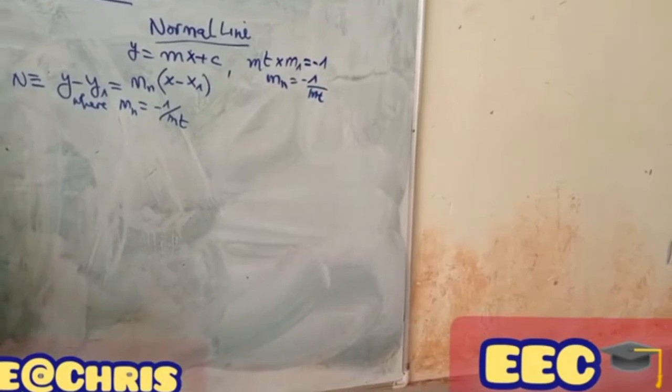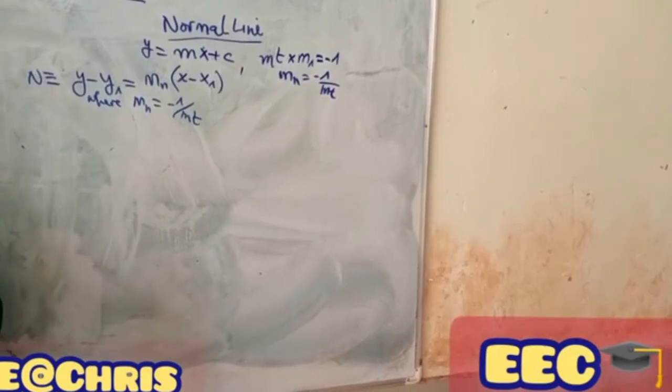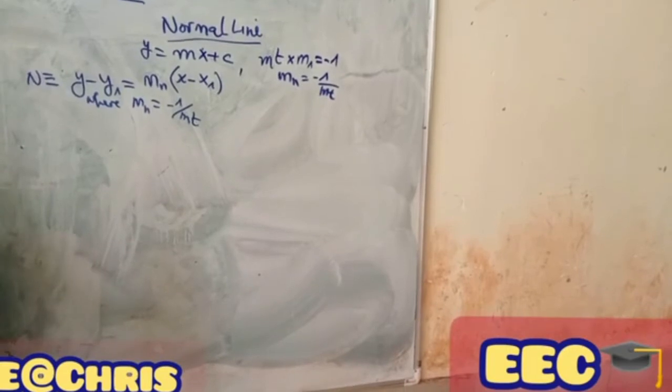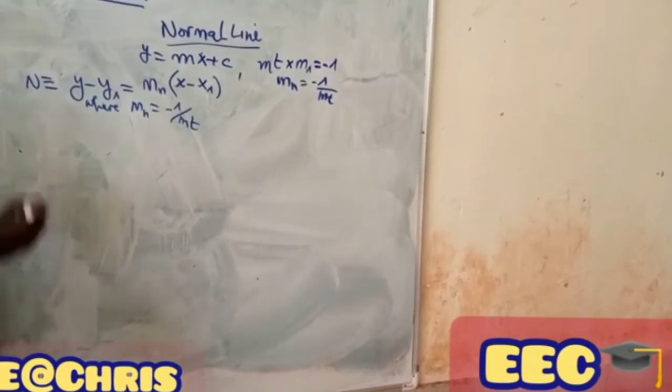And here we have the question which says: write the equation of tangent and normal line to the curve y equals x squared at the point P equals (1, 1).